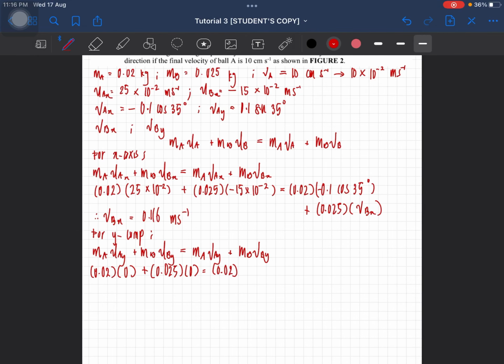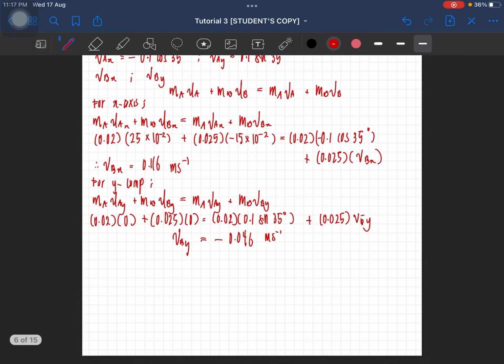So 0.02, VAY is just going up, so positive 0.1 sin 35 degree plus 0.025 VBY. From there you should get the final velocity at the y component to be negative 0.046 meter per second.